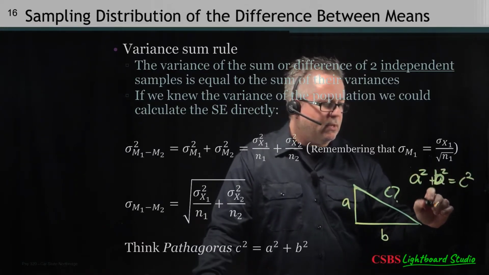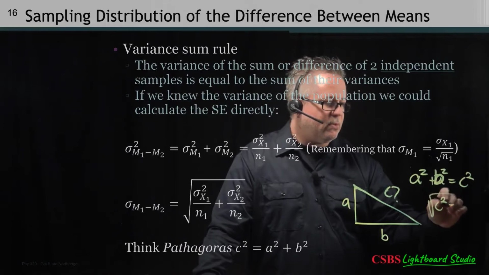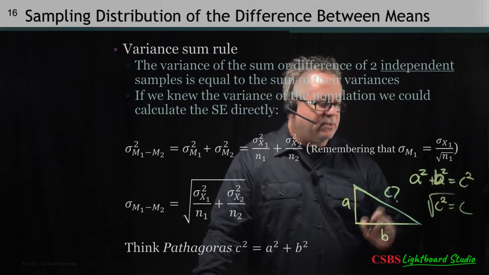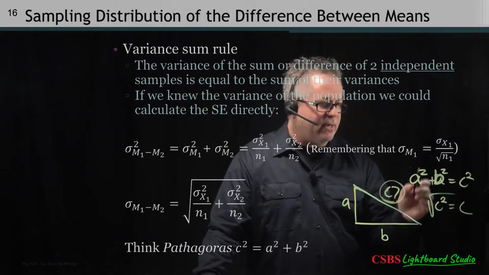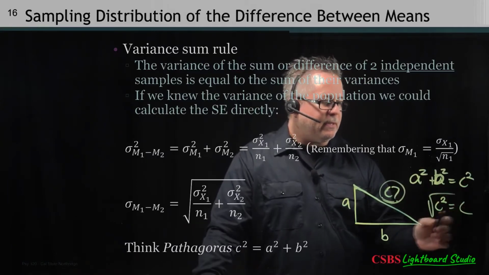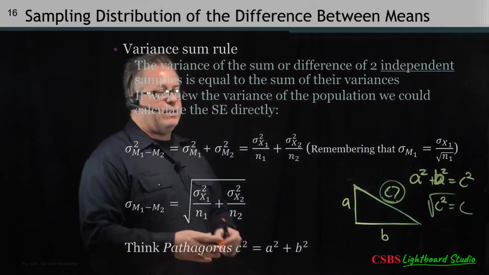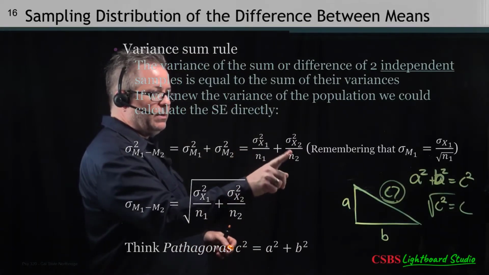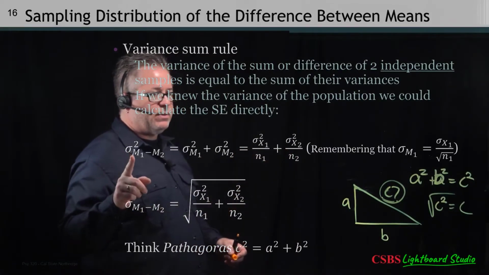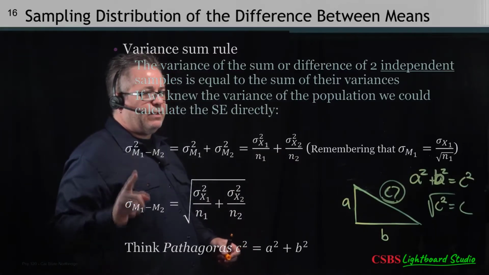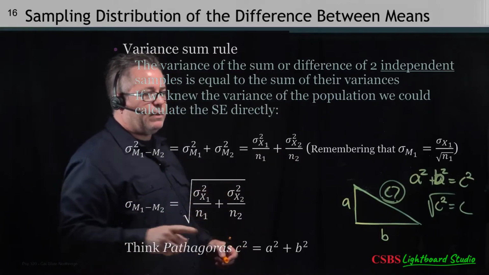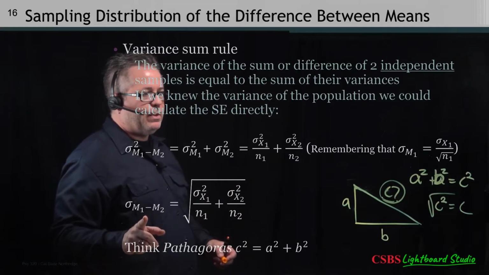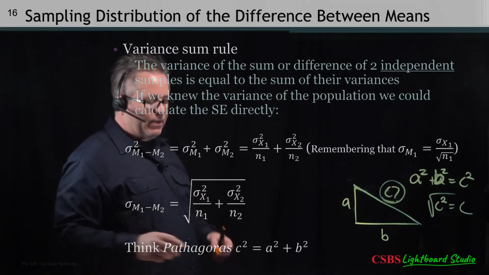And then if I want C, I have to take the square root of C squared to get it back to C. That's what I'm doing here. A squared plus B squared equals C squared, and then to get C by itself, I have to take the square root of it to get it back to its original form. And if we do this, we can figure out the standard error of the difference between two means.